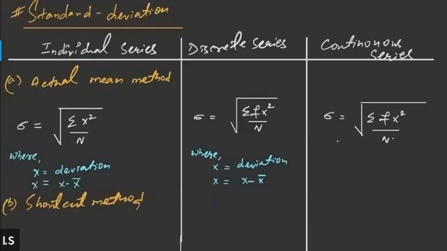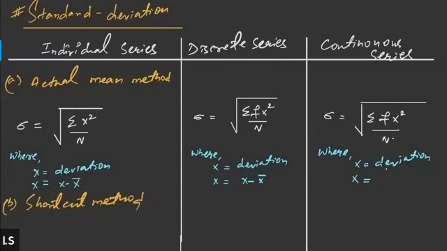And similarly, in case of continuous series, x again means deviation. But as you already know, in case of continuous series, we don't have the items in the question. Instead, we will have the question in the format of the class interval.